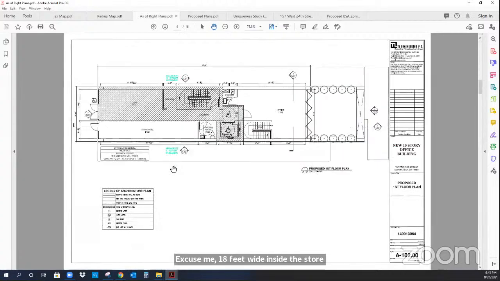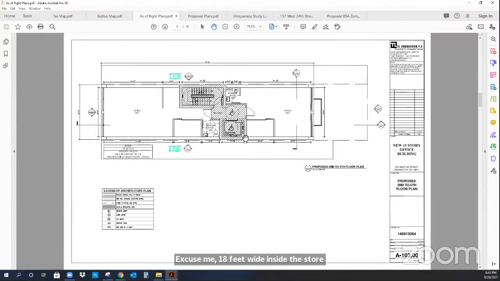The stairwell, as well as the elevator area and circulation space, does eat up a lot of this small floor plate. So it is not ideal for a commercial development. We did do a financial analysis. It did show a negative 13.7% return for an office building at the site.